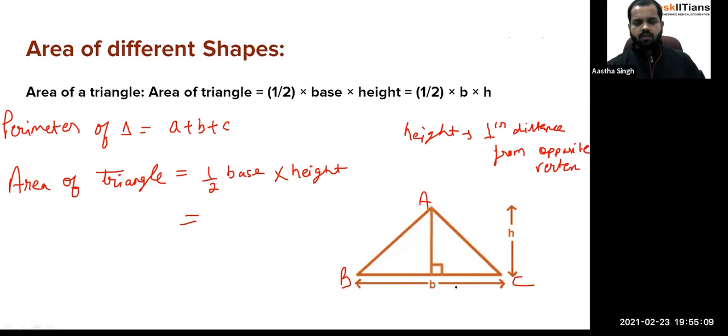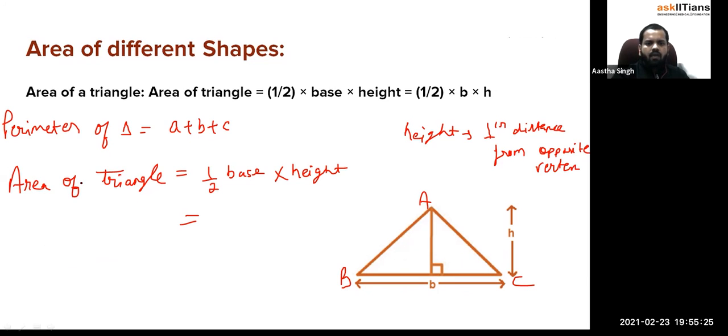If height is given, height should always be perpendicular to the base, right? So BC is the base B, and your height is H, which is perpendicular to BC. So area of a triangle is equal to half BC into height.